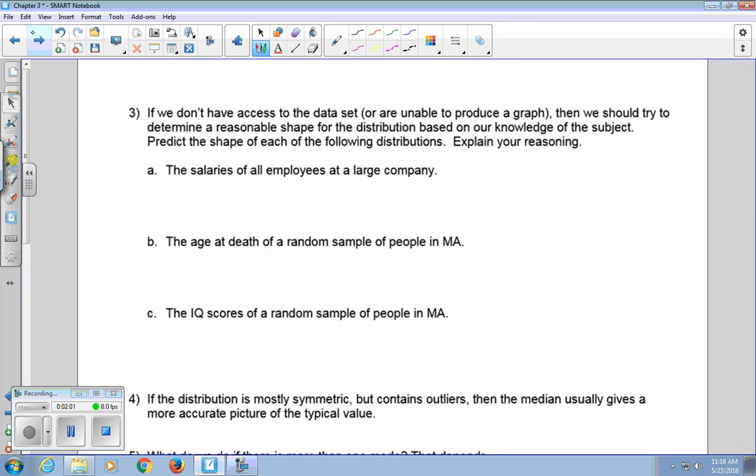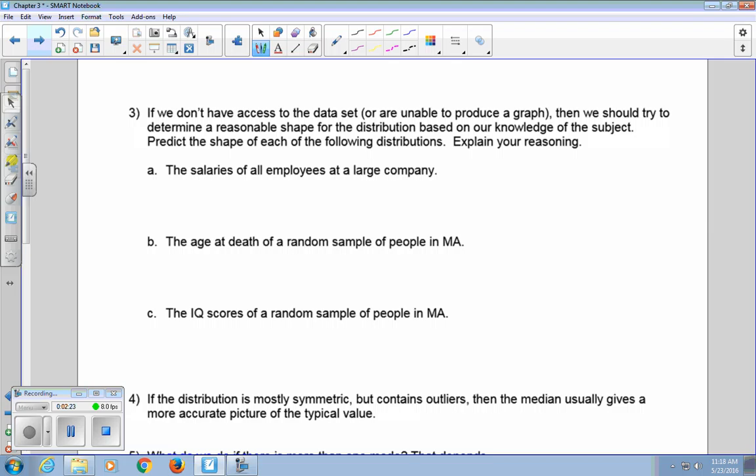If we don't have access to the data or are unable to produce a graph, then we should try to determine a reasonable shape for the distribution based on our knowledge of the subject. This takes some practice, so let's go through the following examples. Salaries of all employees at a large company.